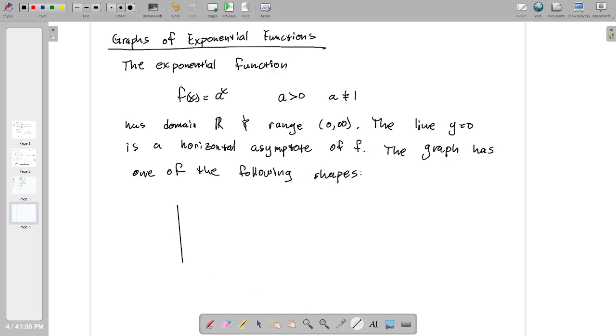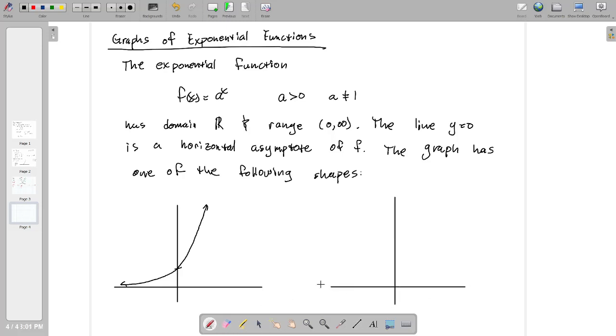So we either have a graph that starts down here towards y equals 0 and goes up to infinity, crosses at 0, 1, or it starts close to infinity and comes down towards 0, like this. And again, crosses at 0, 1.